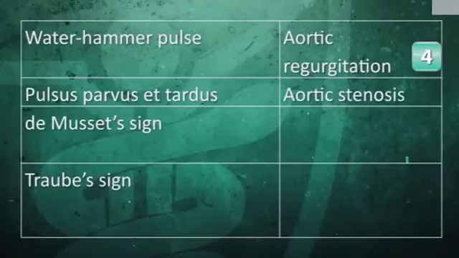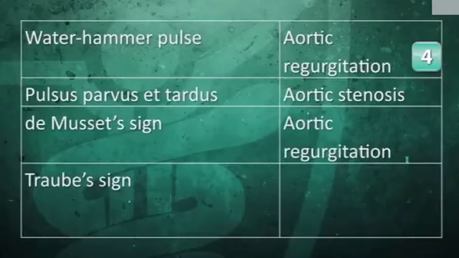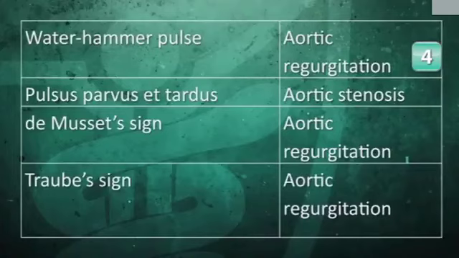Pulsus parvus et tardus is a weak pulse with a delayed upstroke, that's aortic stenosis. De Musset sign, this is when the patient's head is bobbing with the pulse, and that's going to be aortic regurg. Traube sign is a pistol shot sound heard over the femoral artery, and this is going to be aortic regurg.